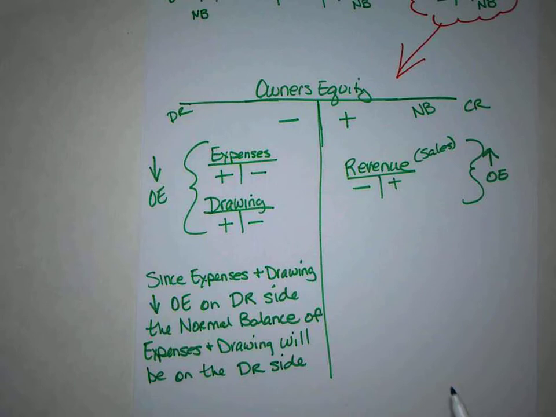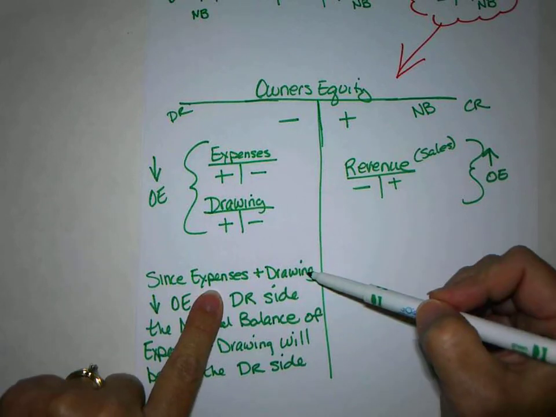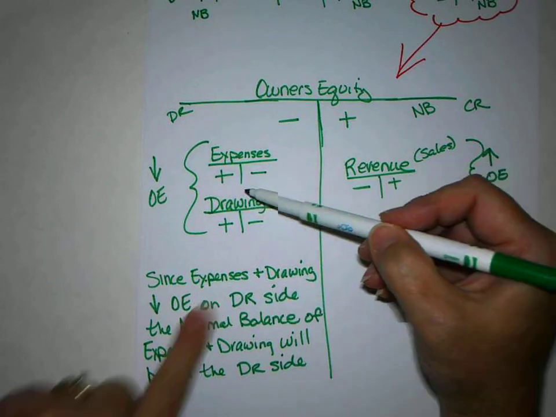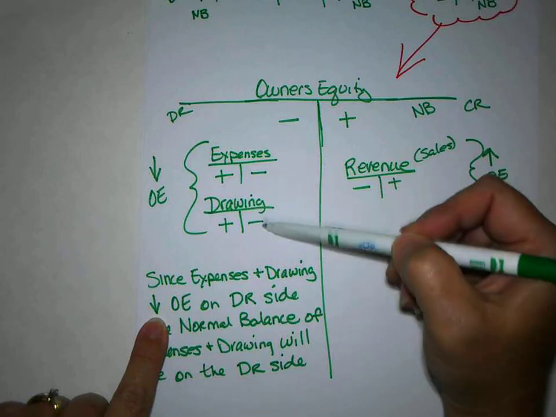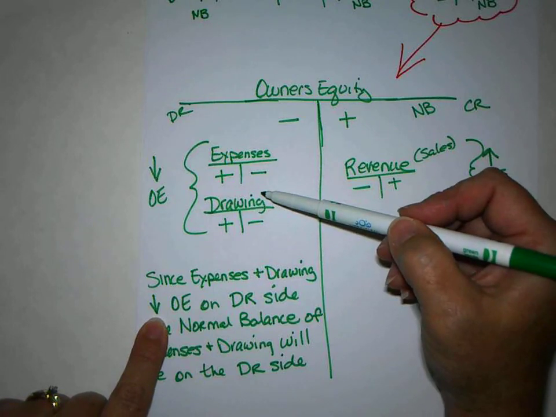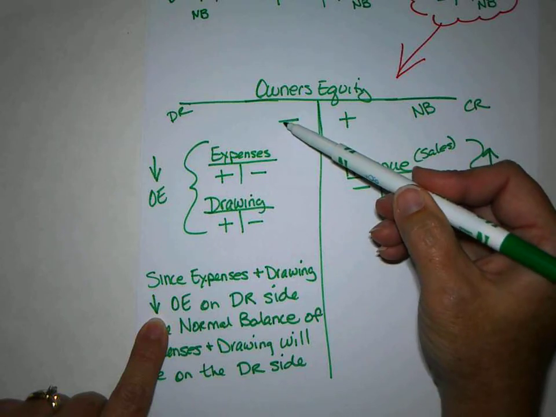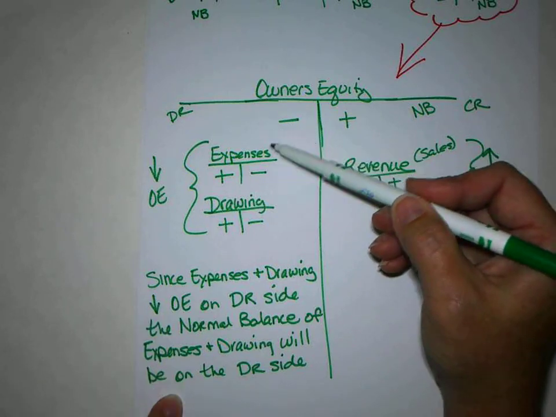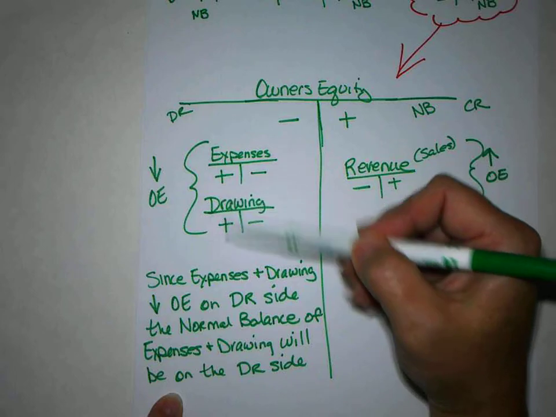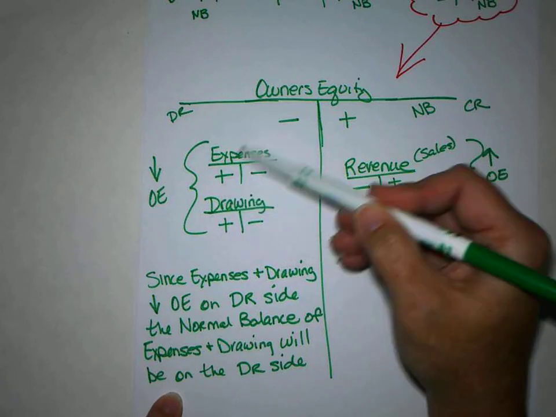Since expenses and drawing decrease owner's equity on the debit side, the normal balance of expenses and drawing are the debit side.